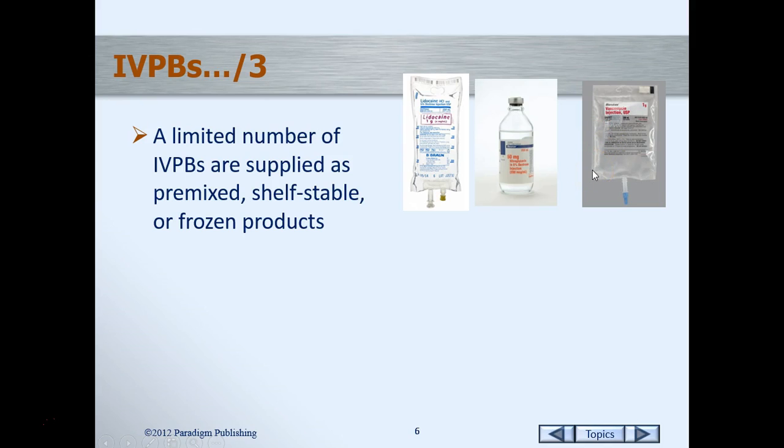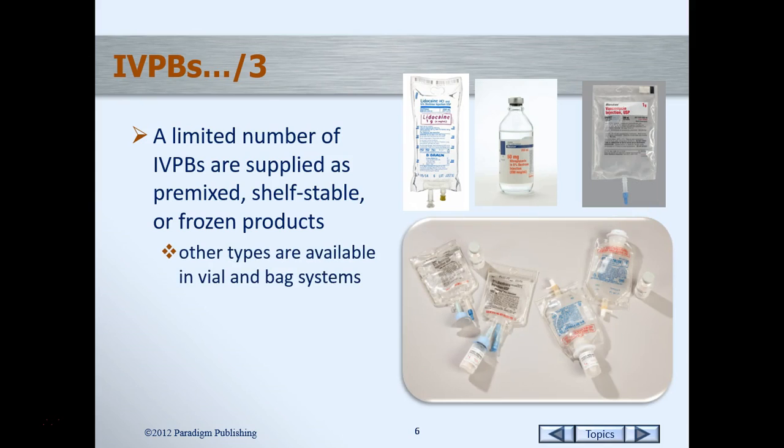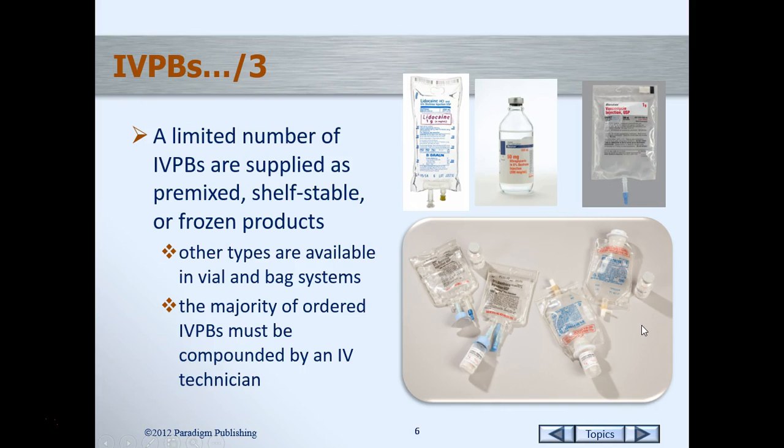We want to defrost them until just all of the frozen particles have melted. Other types of vial and bag systems: we have the Mini Bag Plus on this side that we talked about in the first couple days of lab, and then the ADD-Vantage on this side. Those are also shelf stable. The majority of the ordered IV piggybacks, however, are compounded.